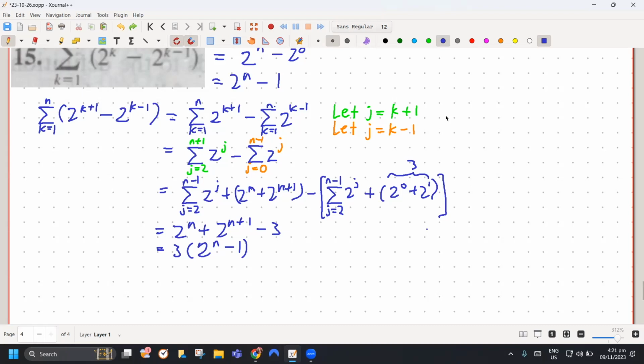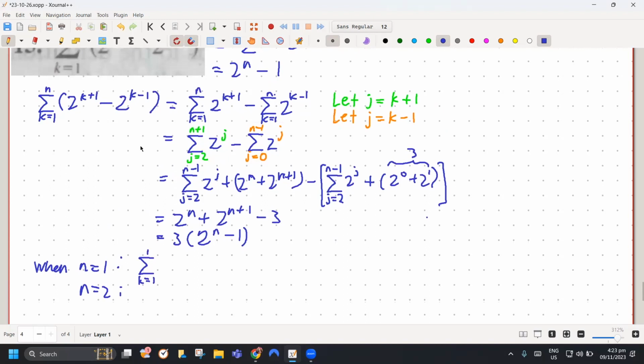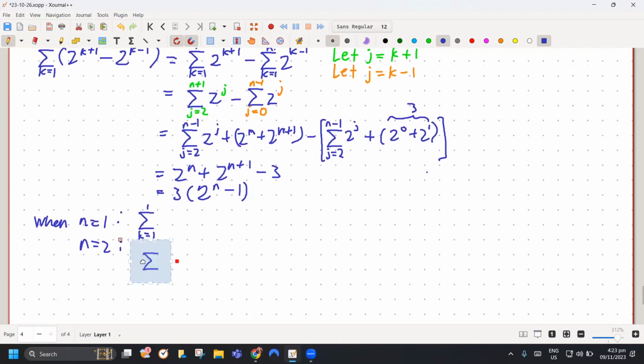Oh, no. You need to write it out. So when n equals 2, what is the result? Sum from k equals 1 to 2 of 2 to the k plus 2.